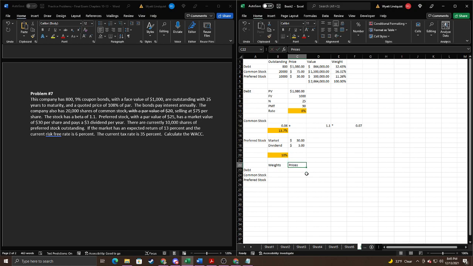So these are the rates here. So we're going to just take that. So debt, 8%, common stock, 13%, preferred stock, 10%, 13.7%, and then the weights from above. So we'll just take this first weight and then all the way down to the last weight.